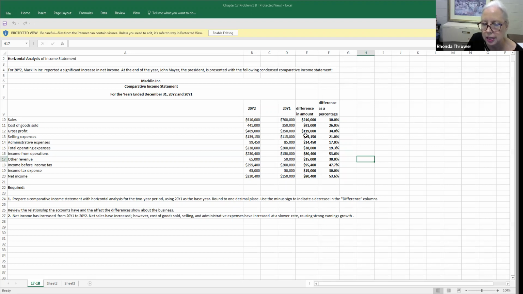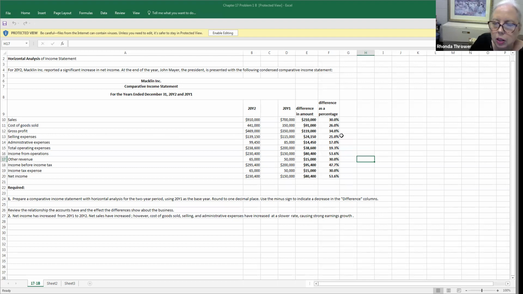We've had an increase of 119,000. That increase can also be shown as a percentage by simply dividing 119,000 by the earlier year, the base year of 350,000. That will give us the horizontal percentage of 34% for our gross profit.